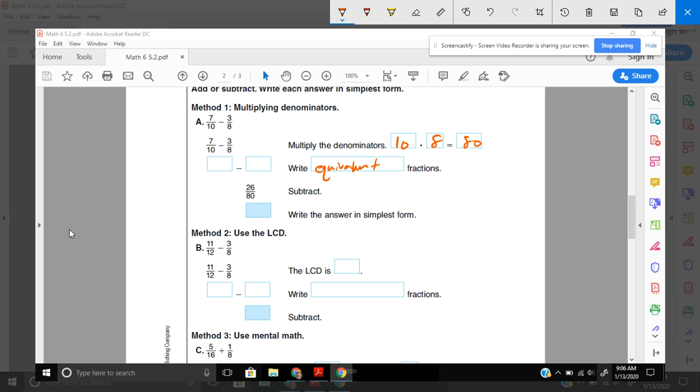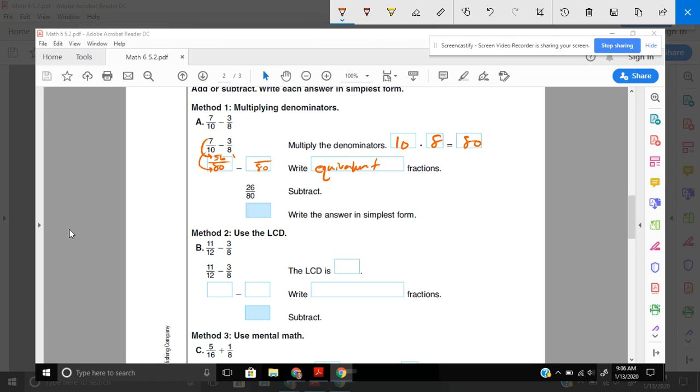So 80ths for both of these. To go from tenths to 80ths, I multiply by 8. So my numerator, 7 times 8 would give me 56. Again, here to here, I multiplied by 8. So here to here, I need to multiply by 8. Same for the second fraction.